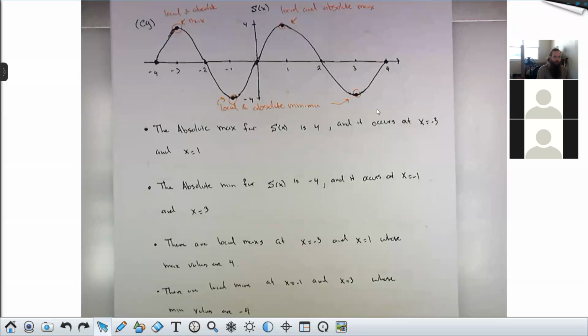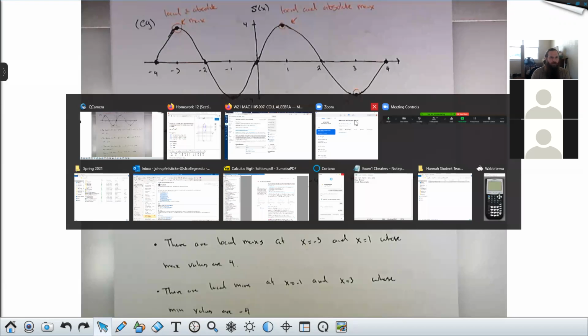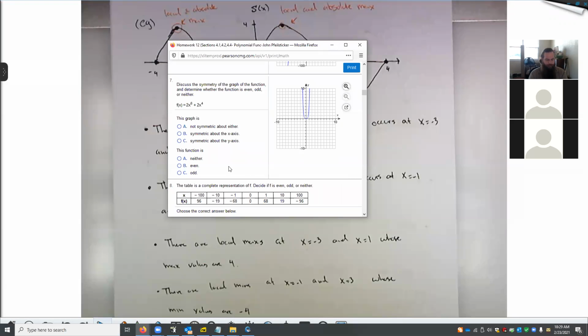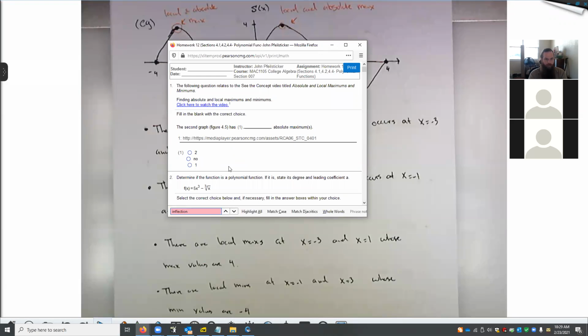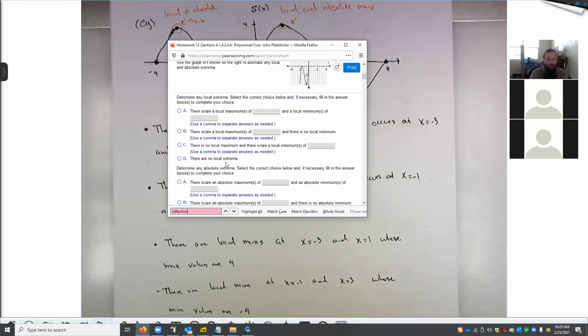You guys feel comfy with that? So an inflection point, do they talk about inflection points in this? I don't see anything in the homework.